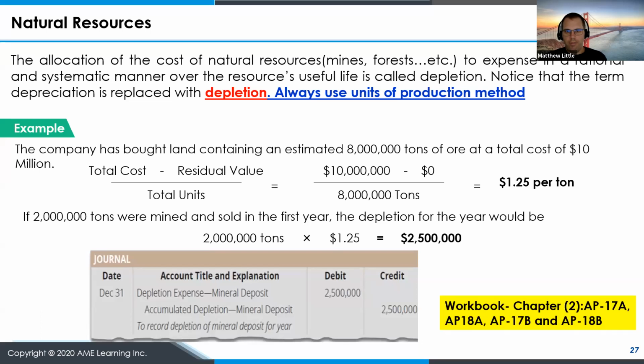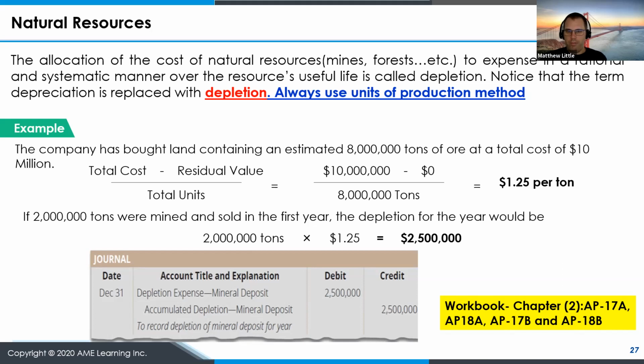Say in this example, the company has bought land containing an estimated 8 million tons of ore at a cost of 10 million. The assumption here is there is no residual value because we will mine all of the ore. So we're assuming the full 10 million less the residual value of 0, divided by the 8 million tons estimated to be in the land, which would be $1.25 per ton.